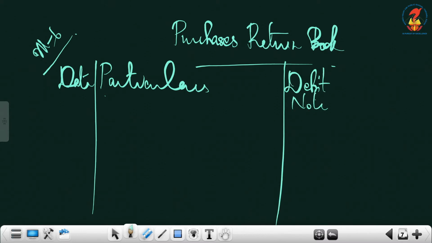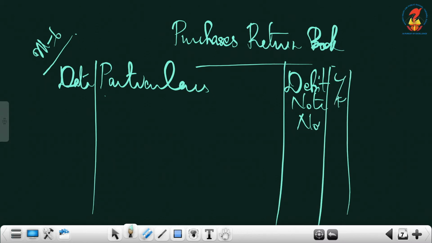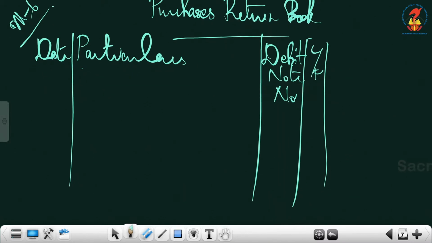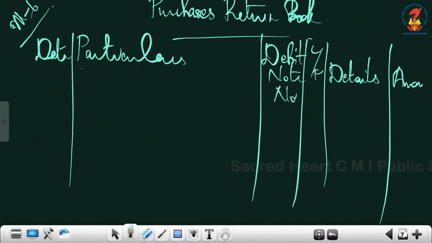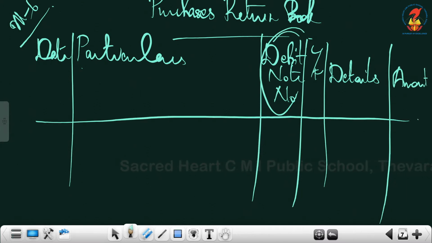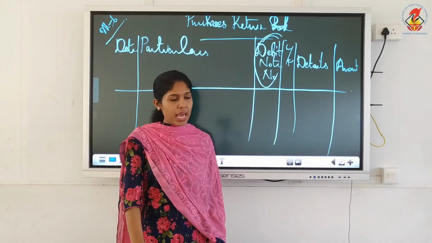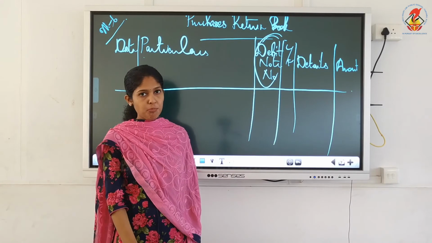Again the column will be blank. Then all other columns are similar to previous two books. Details and amount, LF details amount. So this is the only difference. Instead of invoice number in purchases return book we have debit note number column.